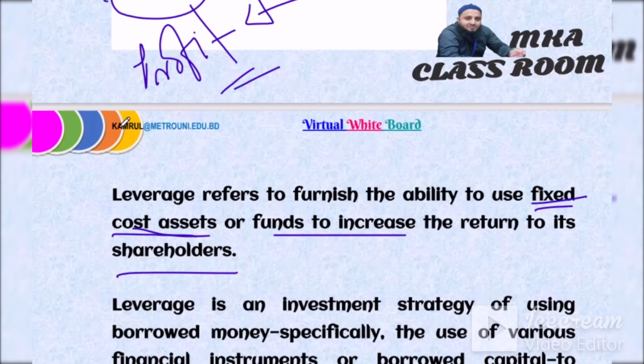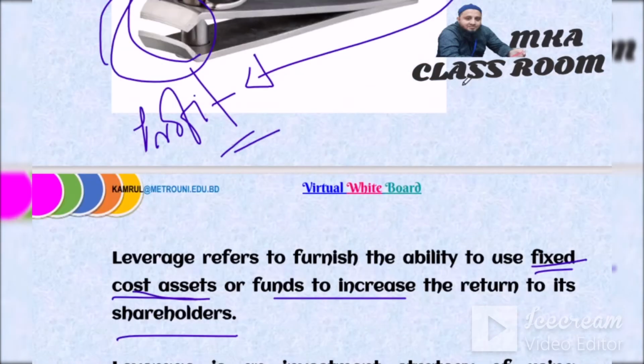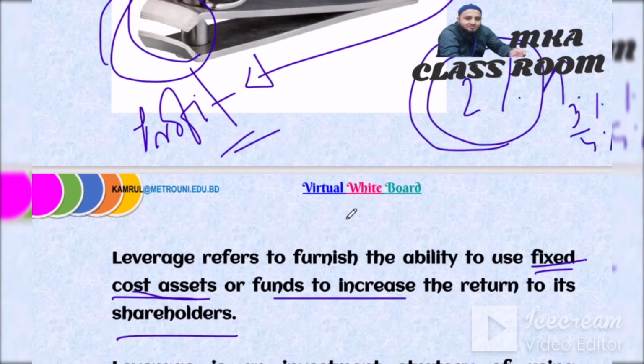As your firm's return every year is, say, 2%, if you use this leverage, it will enhance to 3%, 4%, 5%, or any other. That means obviously it should be enhanced by using leverage, that is, if you use debt in your capital structure.